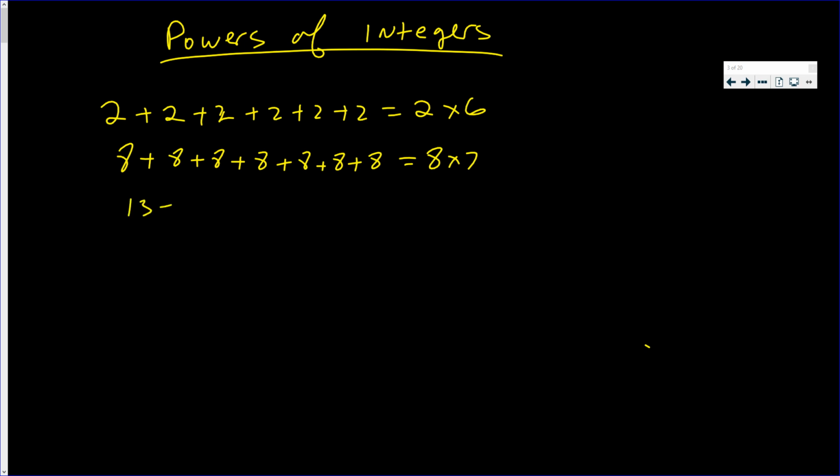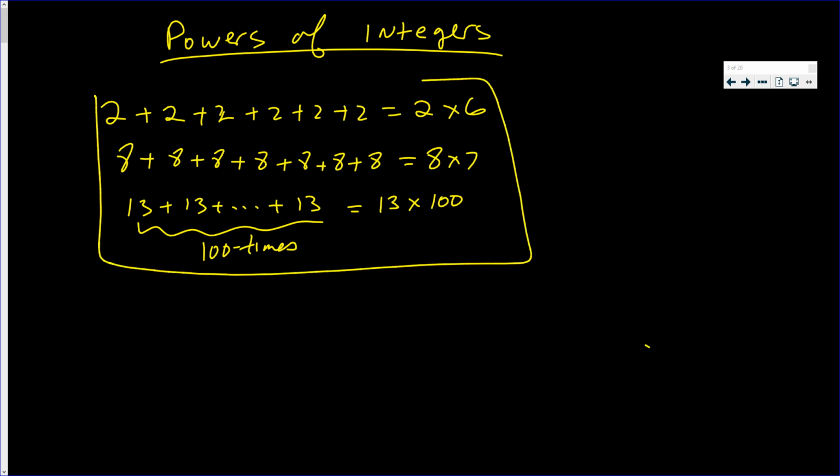And if you had to write 13 plus 13, 100 times, which I'm not going to do, this would be simply written as 13 times 100. So repeated addition has a much simpler way of writing it using multiplication.